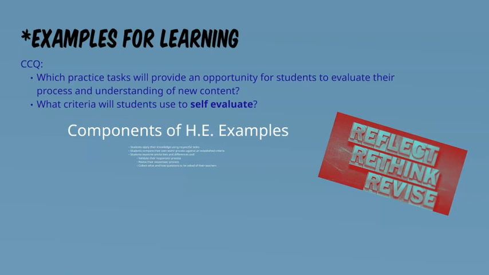Work formatively independently. In other words, they get to produce some work products that then they would be able to evaluate themselves or even a peer against some established criteria and be able to then get feedback and time of revision before they have summative evaluation.